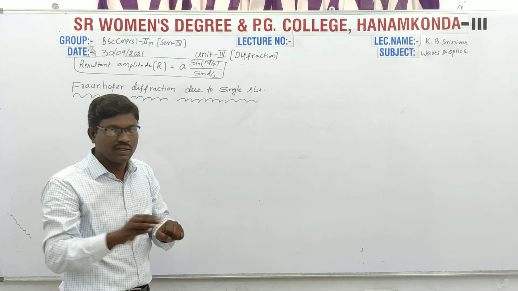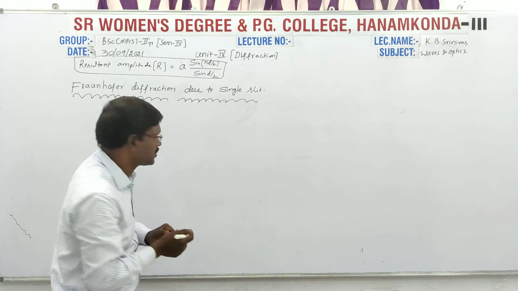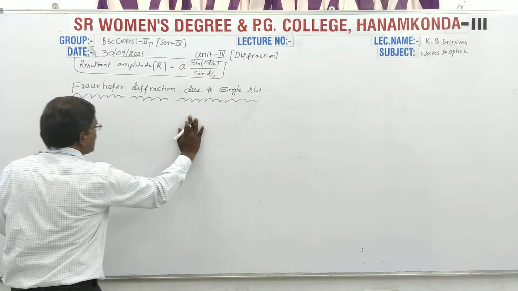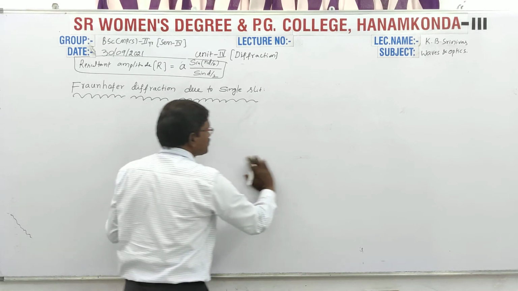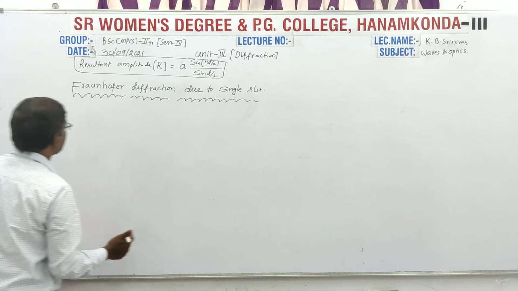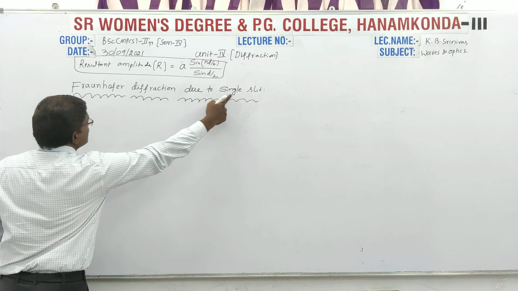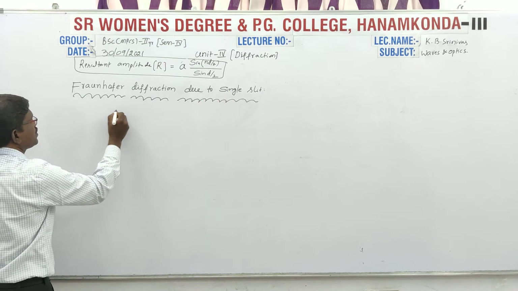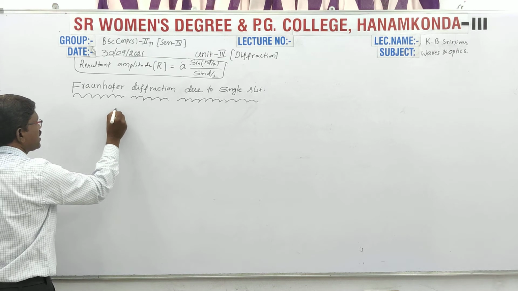Plane wavefront. I already explained this in our previous lecture. Clear? Right. So here I am drawing the diagram for this experimental arrangement. The diagram is very important. Due to a single slit, here I am considering one slit.